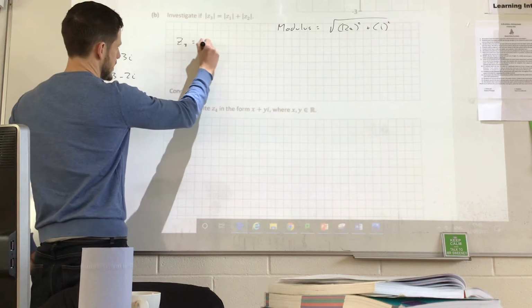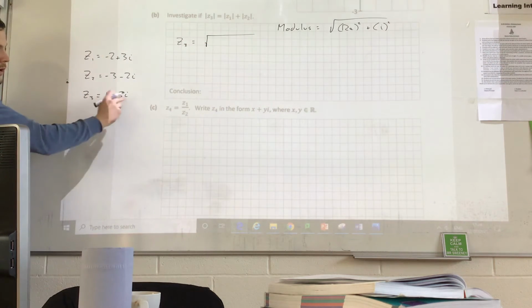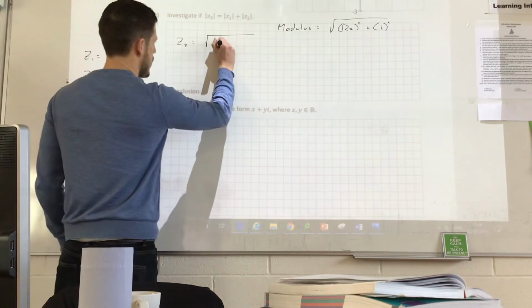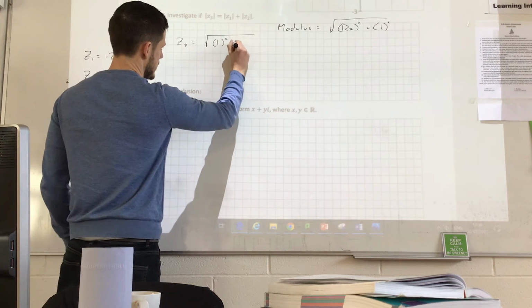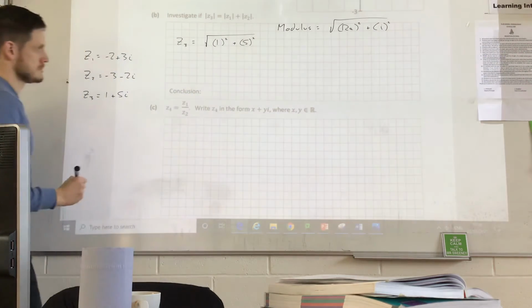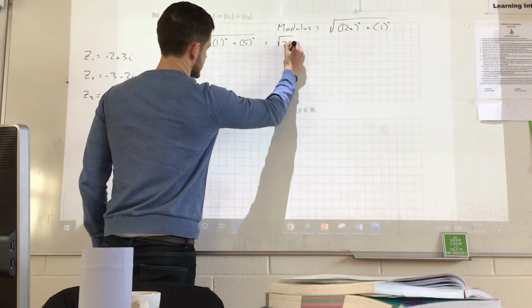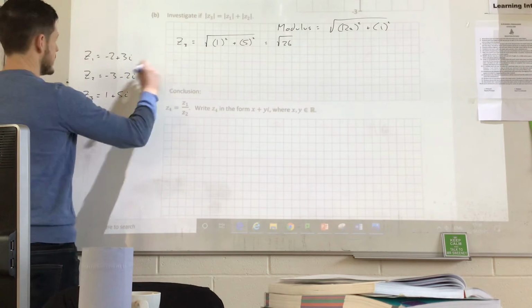So z3, as you see here, is 1 plus 5i. So it's 1 squared plus 5 squared. That's going to give me the square root of 26. z1.